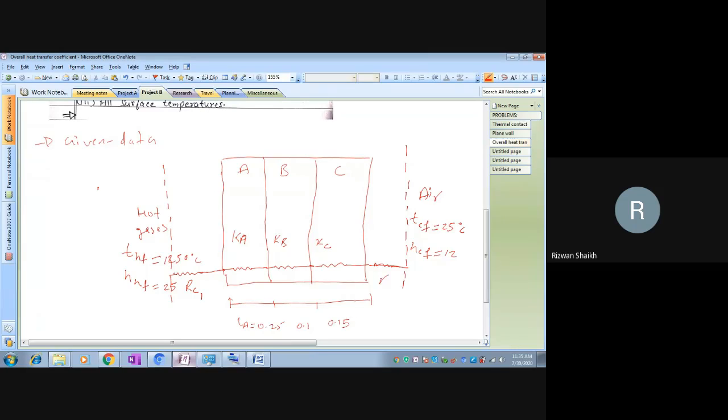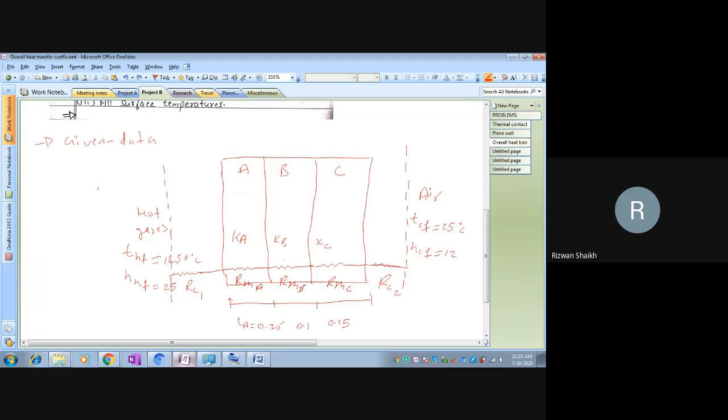It is RC2, that is the convective resistance, because convection is taking place on both sides. Okay, and at the inside we have thermal resistance RTHA, similarly RTHB and RTHC.